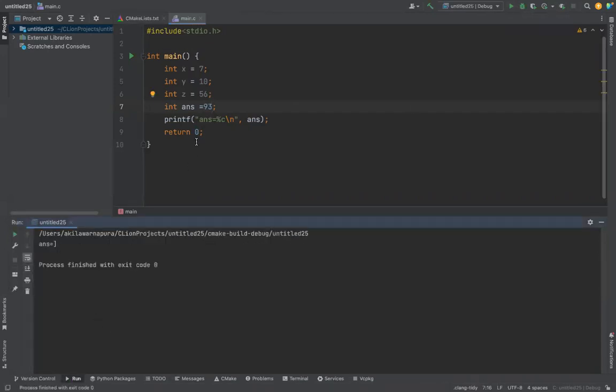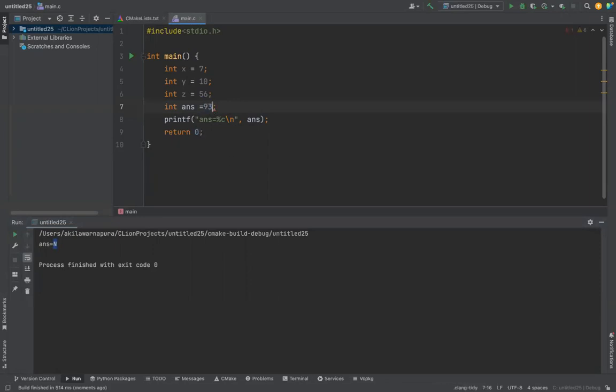So this is the value. 78. Character is capital N. Each decimal number has a binary number available, and each binary number has an assigned character. That character will be printed.